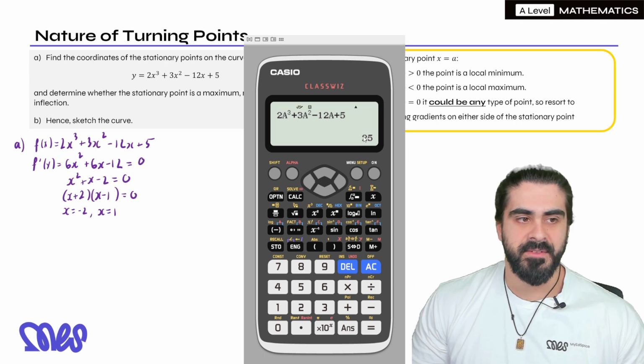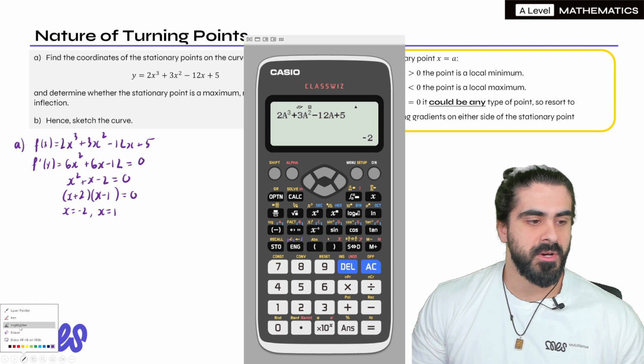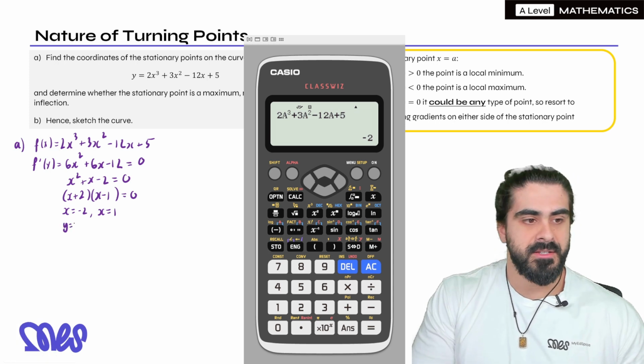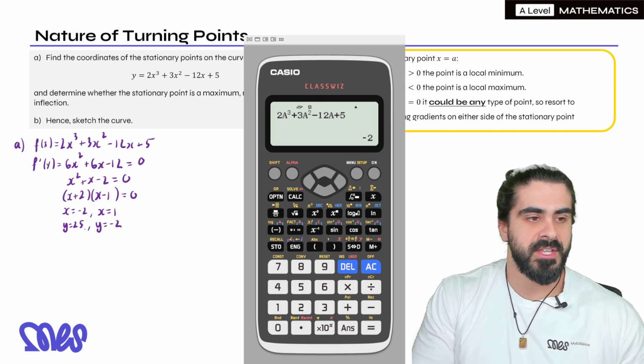So we get 25 there. Now the quick way to subbing in 1 is we press this calc button. So we press calc, press 1 equals, and press equals again, and then we've subbed in 1. So we have when x is minus 2, y is 25, and here y is minus 2.